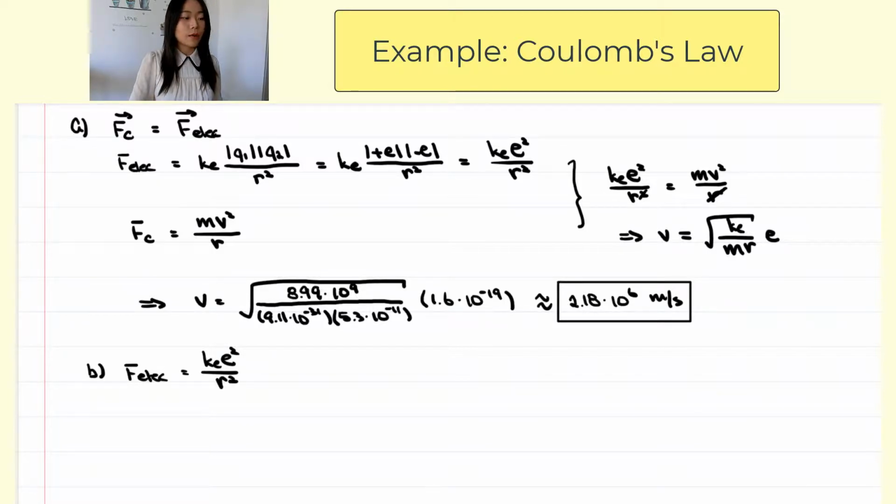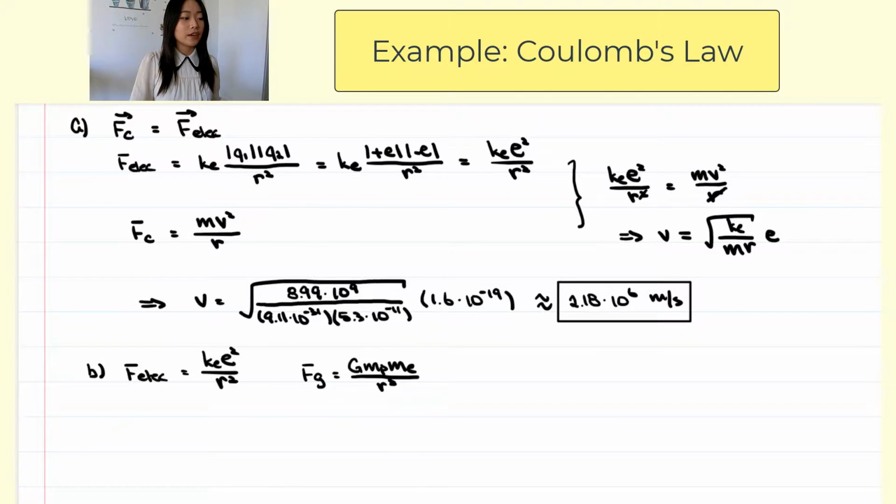And we also know from our mechanics course the magnitude of gravitational force, which is the gravitational constant times the product of masses of the two objects. In this case, it would be mass of proton times mass of electron divided by the distance separating the two objects squared.